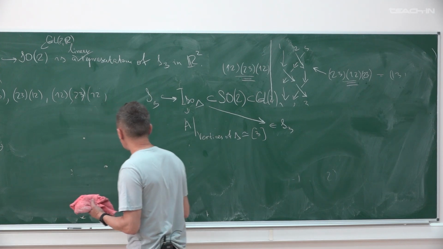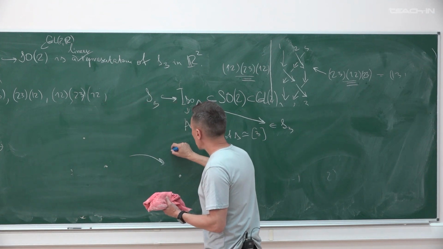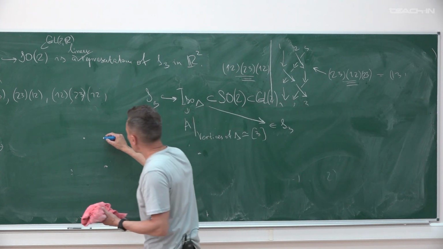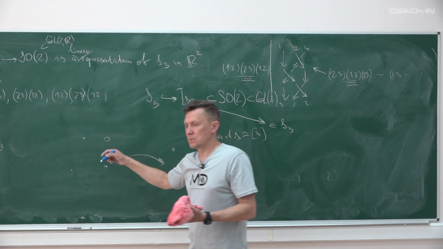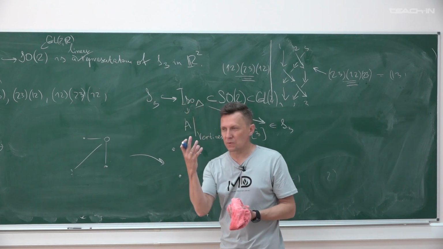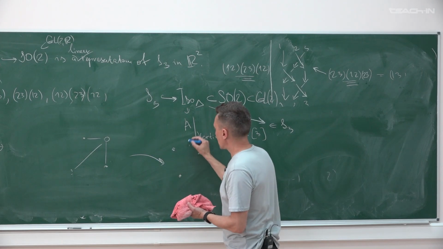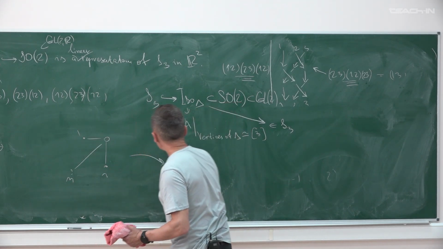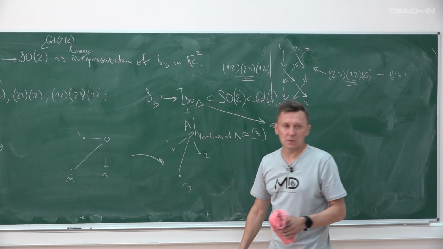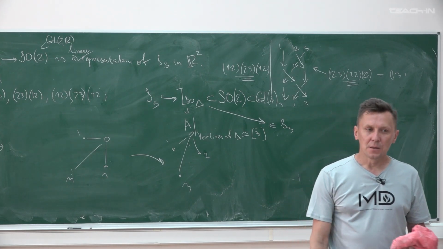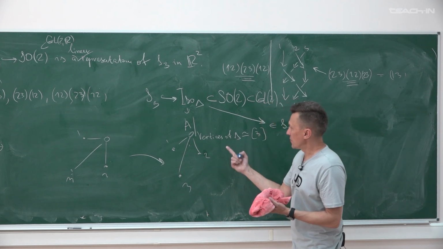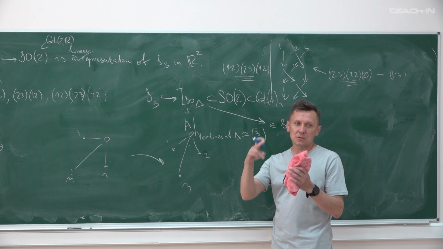If you have 3 points and you know the images of these three points, you know the image of all points, because it is defined by the distances from the 3 initial points. It should be 1, 2, 3 here. No other chances. So an isometry is defined by the images of the vertices of the triangle.